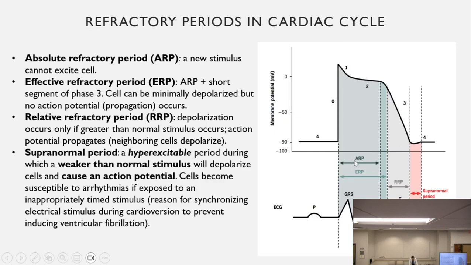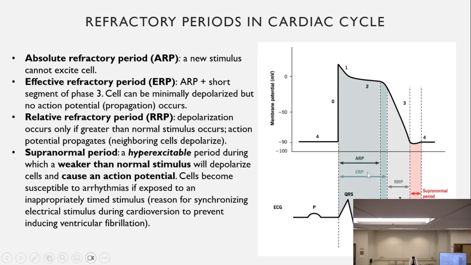Notice that this part here, the first part until you start going downwards again, corresponds to the absolute refractory period of the cardiac cells. There is a concept that you are going to look at, but you are not going to try to memorize or study now.